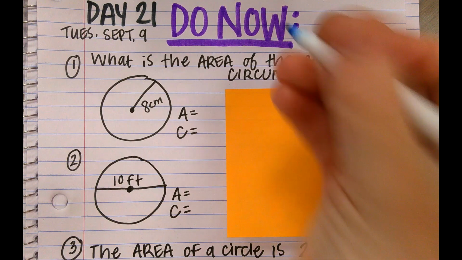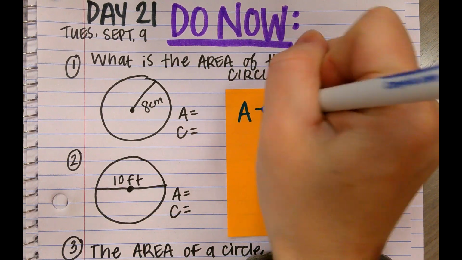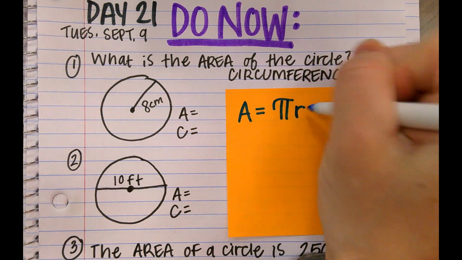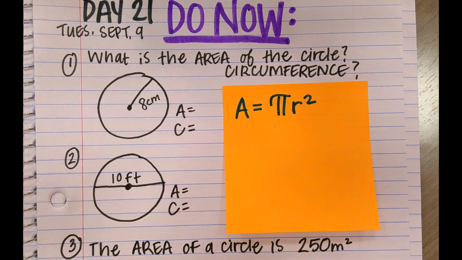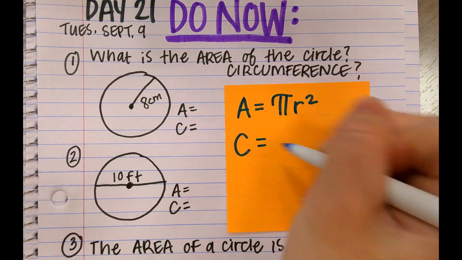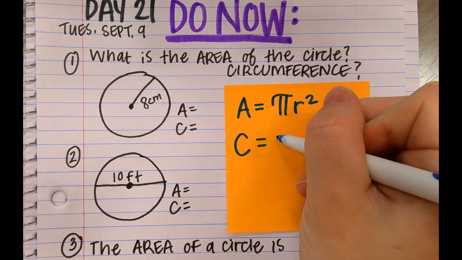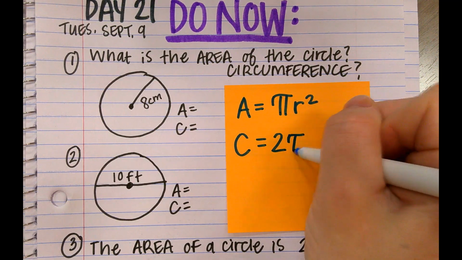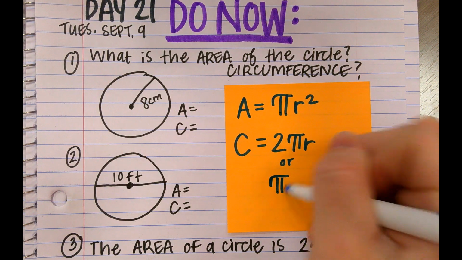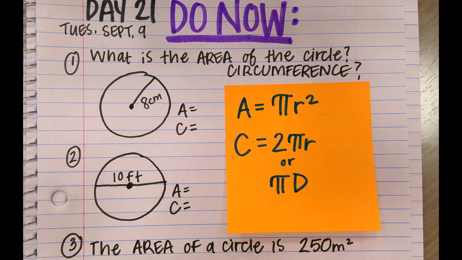So area equals pi r squared, and circumference equals 2 pi r, or pi d.